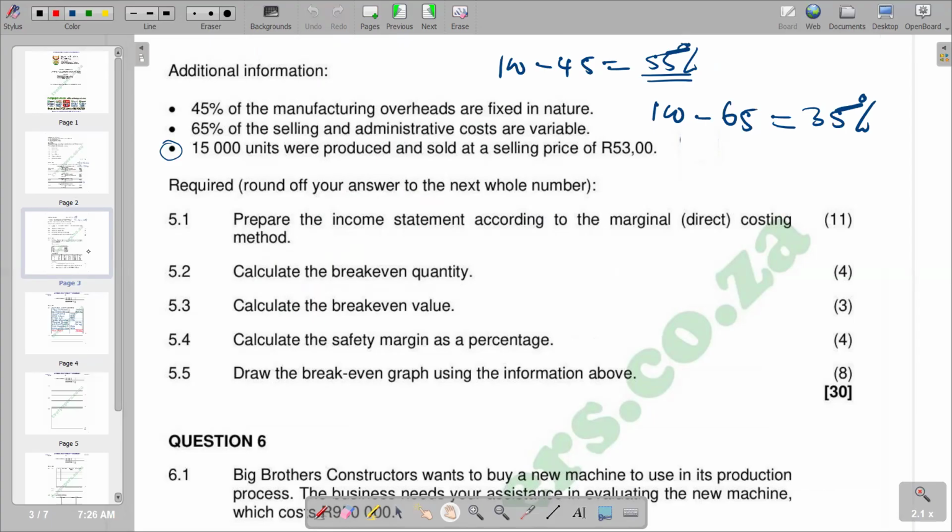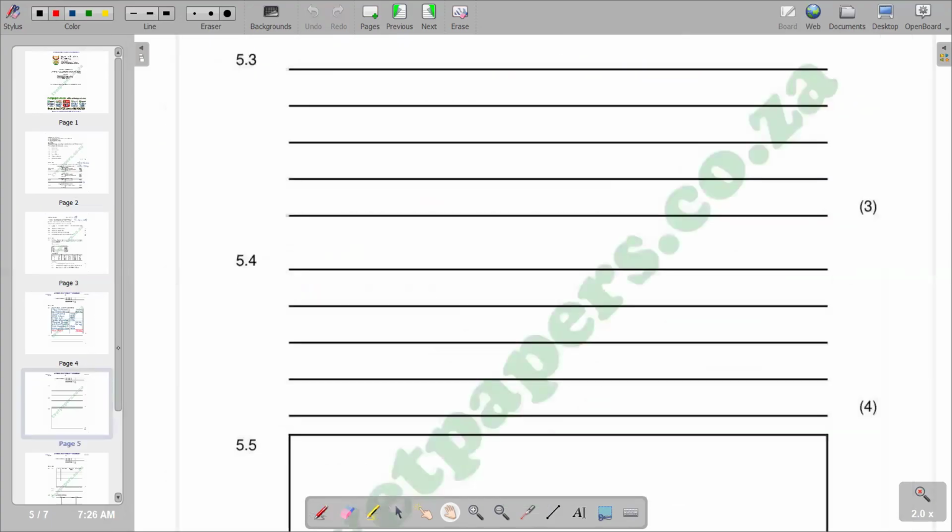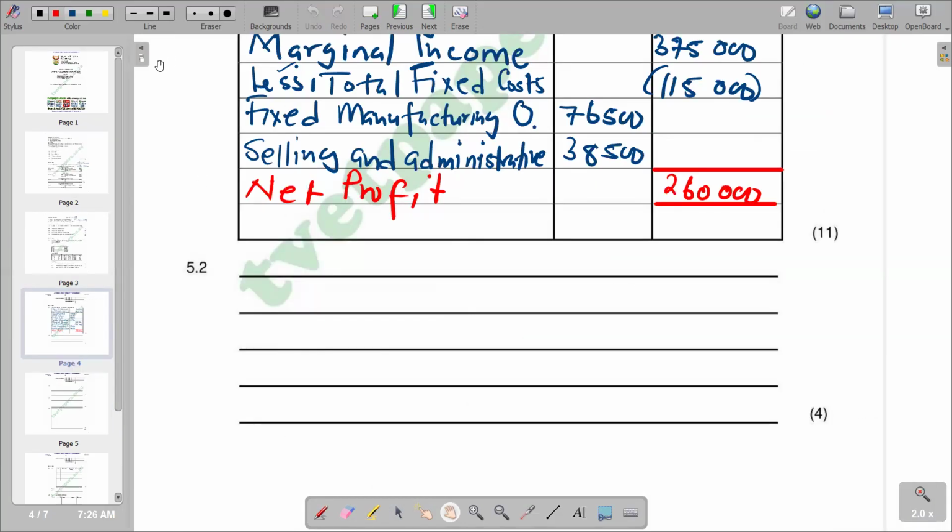So break-even quantity, we need to put down the formula first. We have our 5.2. What does the formula say? It says break-even quantity is total fixed cost over marginal income per unit.